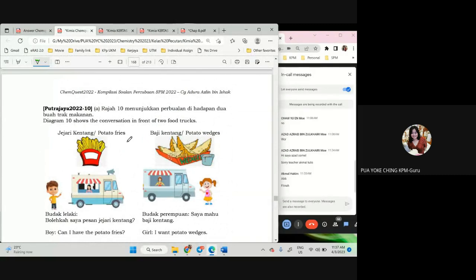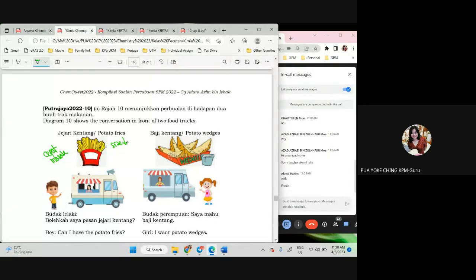Soalan ni saya rasa ada juga satu negeri lain yang keluar tapi saya tak ingat negeri apa, tapi gambar dia tak jelas. Kena ingat jejari kentang is potato fries. Ini cepat masak sebab saiz dia kecil.